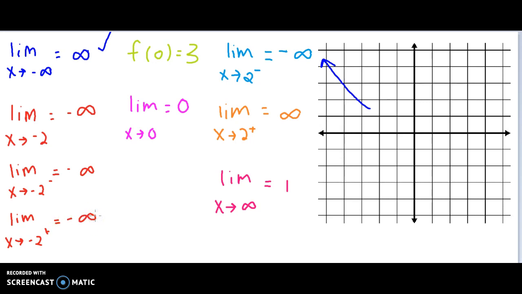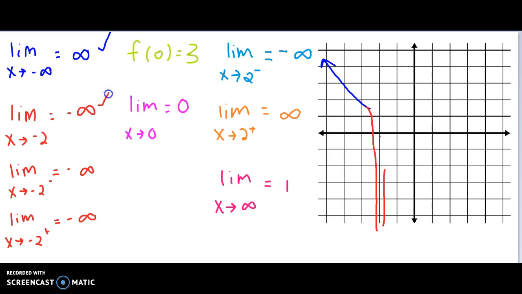So let's show that. Find -2 on your x-axis, right here, and we're going down to negative infinity from the left-hand side, and down to negative infinity from the right-hand side.